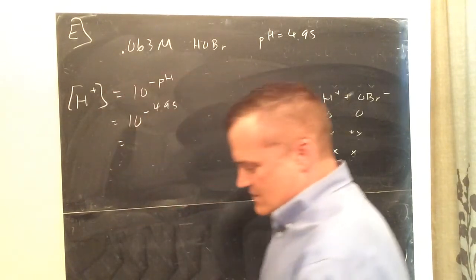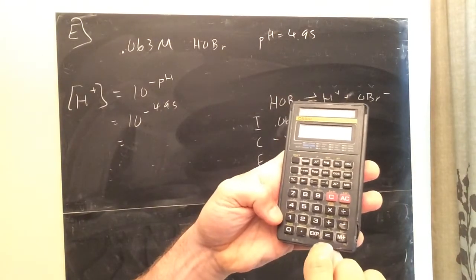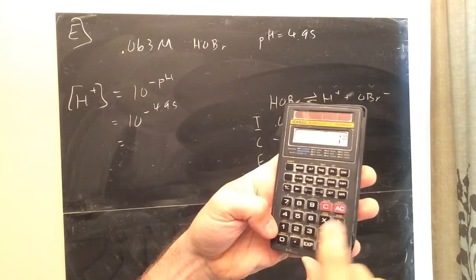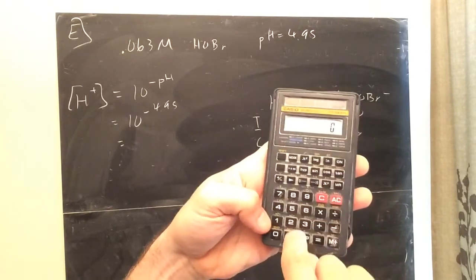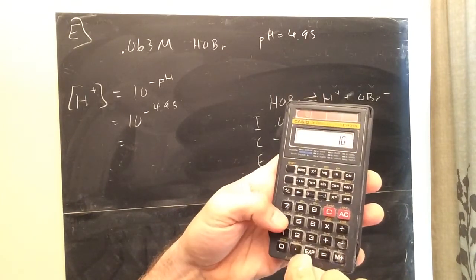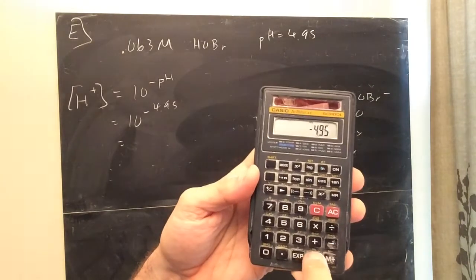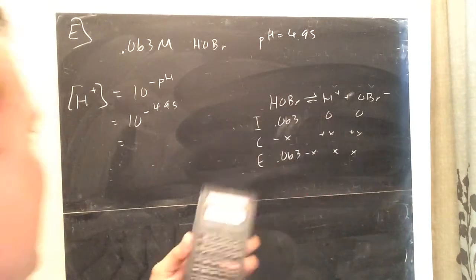On my calculator, there are a couple of ways you can do it. You could do 1 times 10 to the, oh no, I can't put 4.95 there. So I have to use the button that says x to the y. I'll go 10, x to the y, 4.95 negative. The 10 to the negative 4.95 power says 1.12 times 10 to the negative 5.